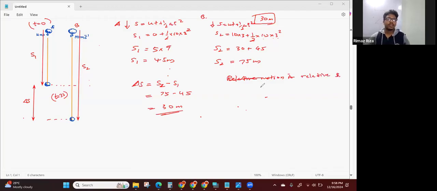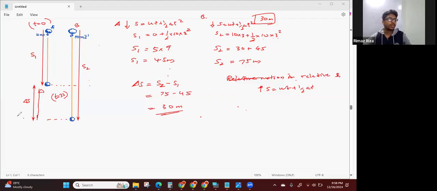So considering that, I apply downward x equals ut plus half at squared. Actually, I had to apply vertically upward, because the relative motion of A relative to B is up this much.